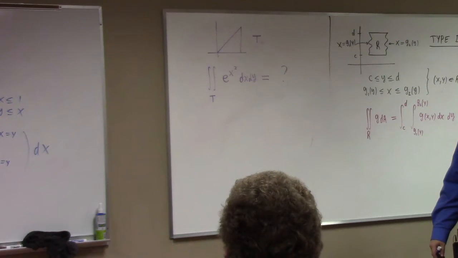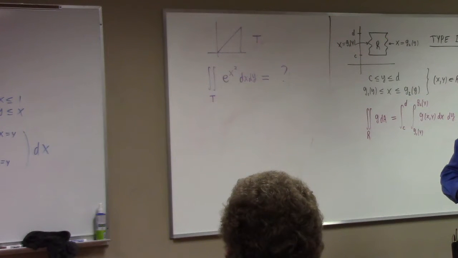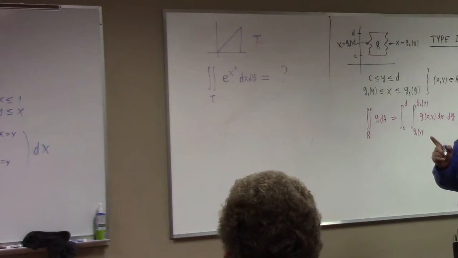You may recall e to the x squared is something we do not know how to integrate. So while it is true that this region T is both type 1 and type 2, it is also true that only one of those choices will actually allow you a calculation that you can do, assuming I set it up right.